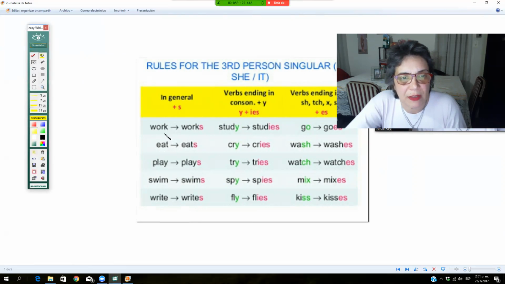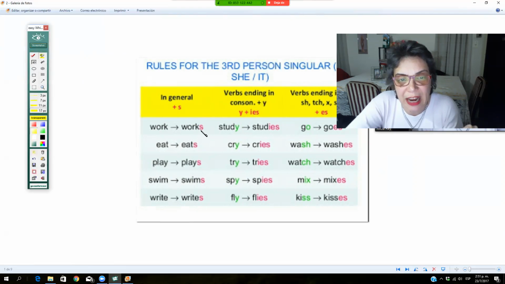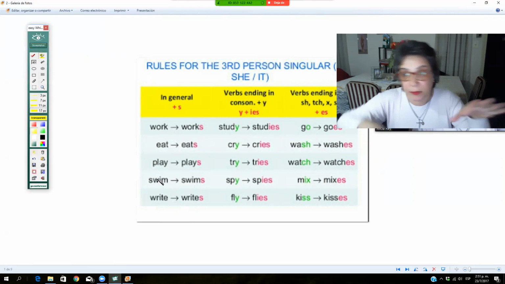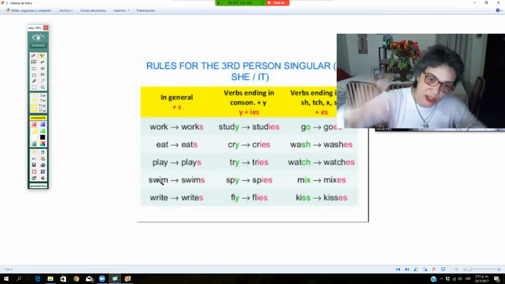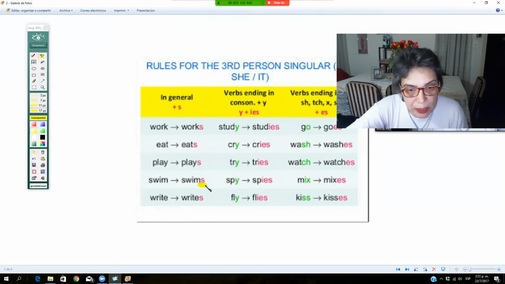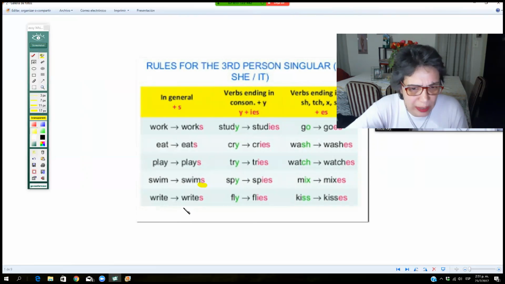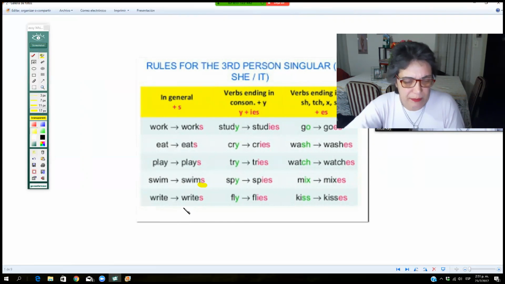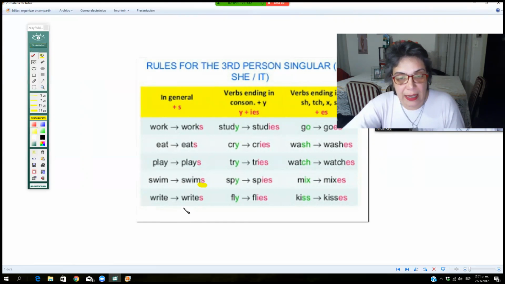When we have the verb work in the third person singular, we have works. When we have the verb swim in the third person singular, we say swims. So we say he swims, Peter swims, Jane swims, she swims, the dog swims, etc.